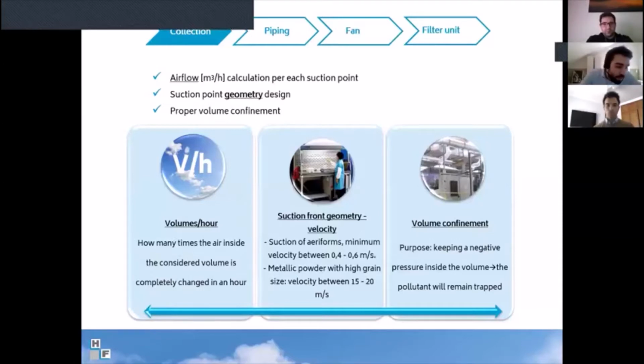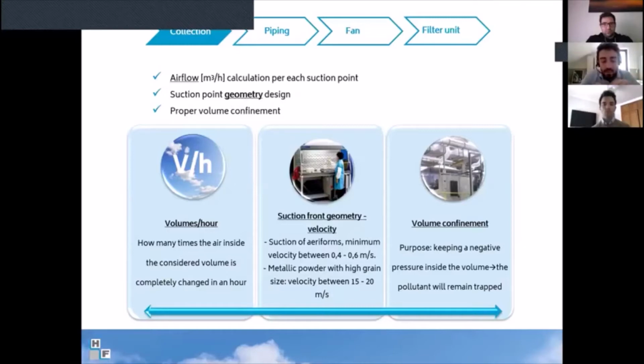For example, an example can be a turning machine, a machine tool. In this case, the volume can be completely closed.